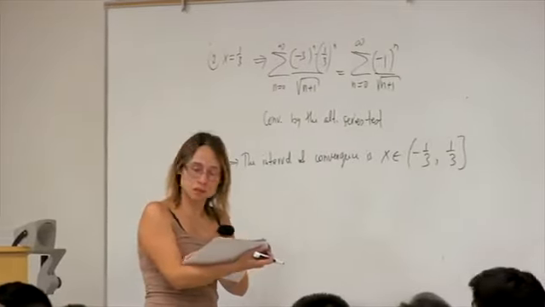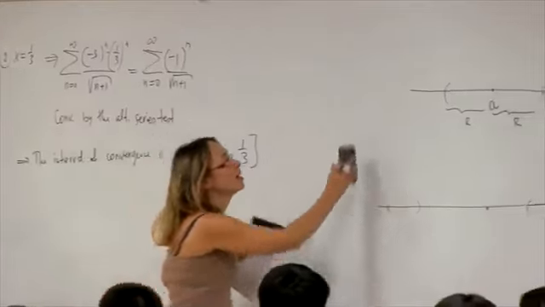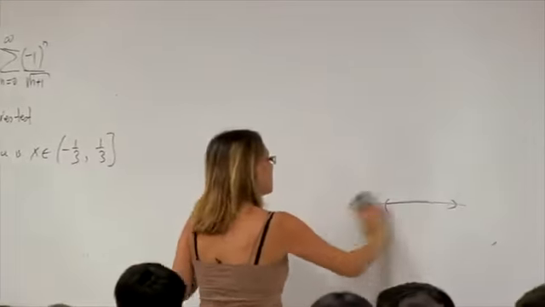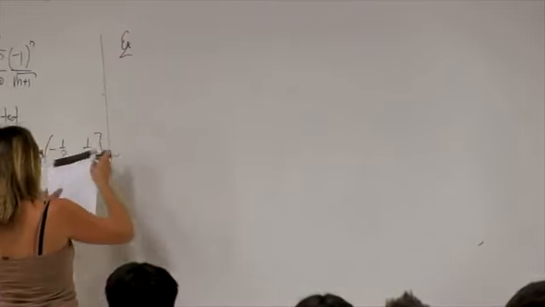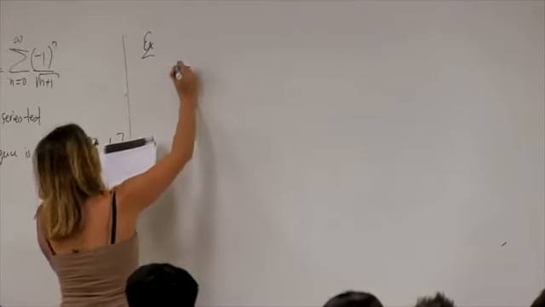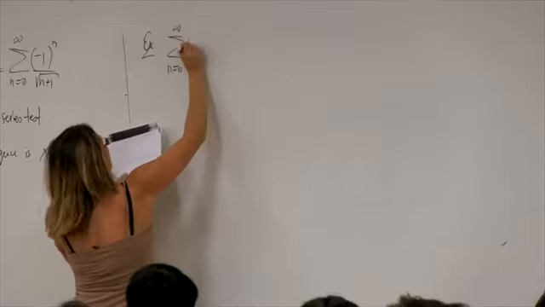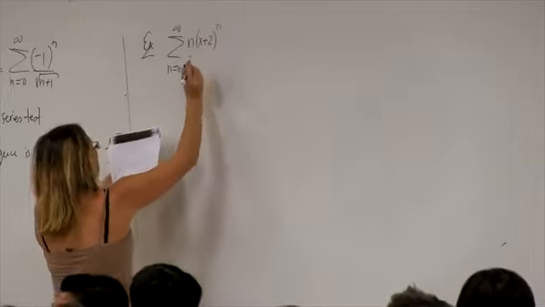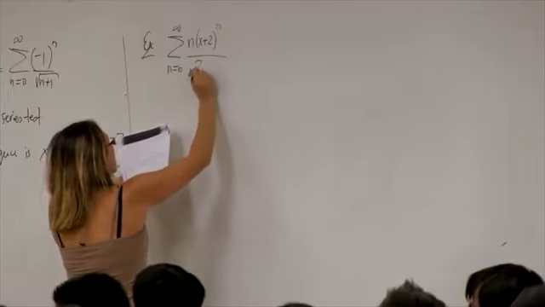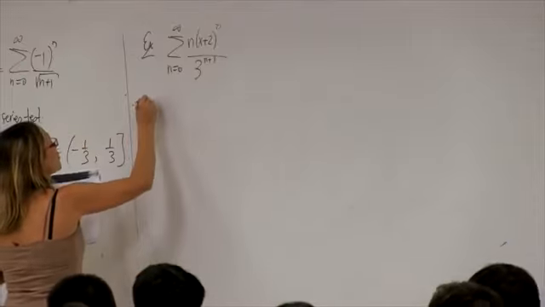Okay, there is one more example. This is the last example. Again, the same question. We have n times x plus 2 to the n, over 3 to the n plus 1.